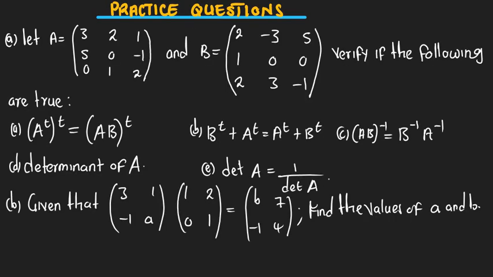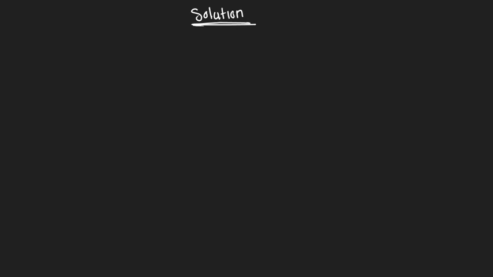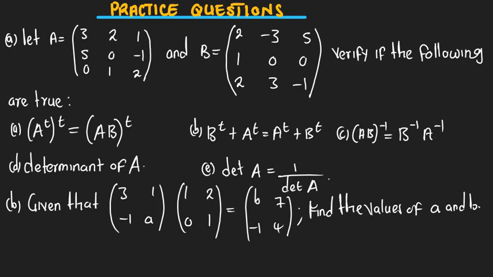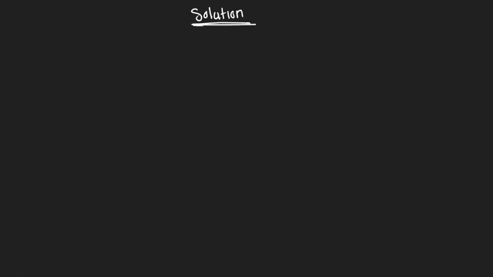The first question is saying, let A be this matrix and B be that matrix that we have there. Then they're saying we verify that this part here is actually equal to this. Let's try to verify. To verify could actually mean that it is true, but just show them what they're doing.